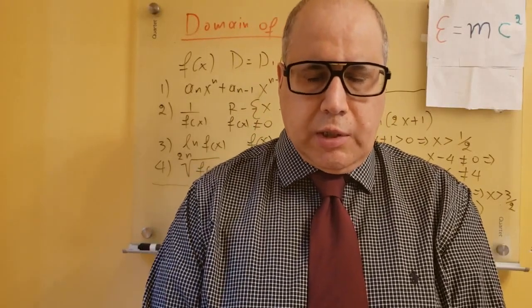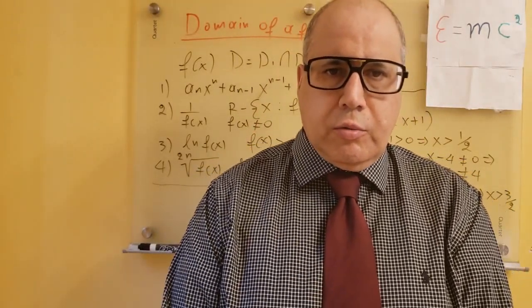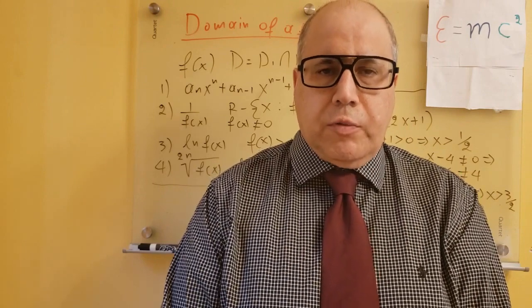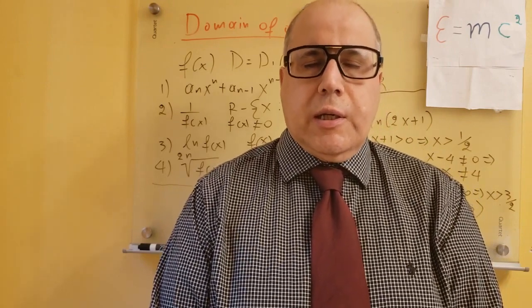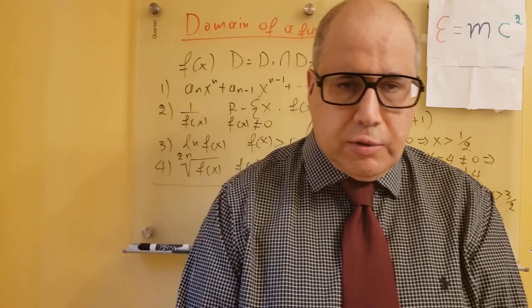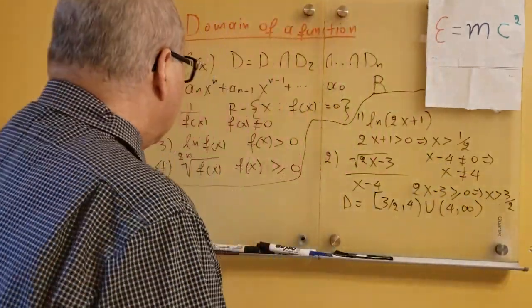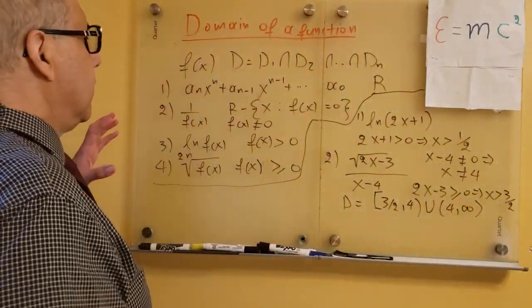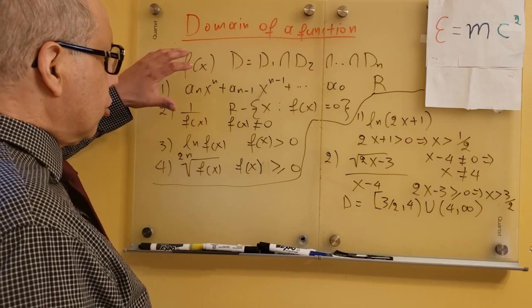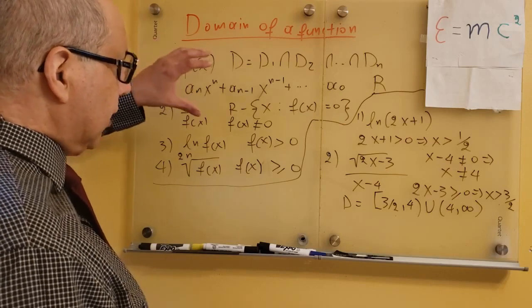Hi, this is George Larakis again, and today I would like to discuss how you will find the domain of any function. Every function is a composition of some smaller functions.